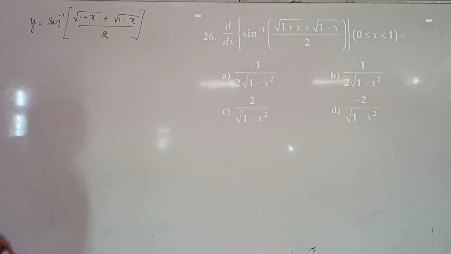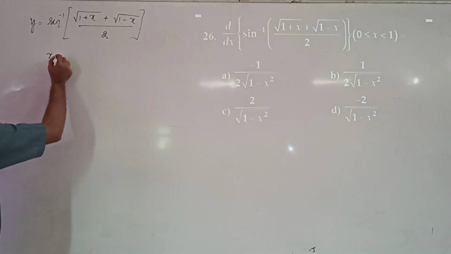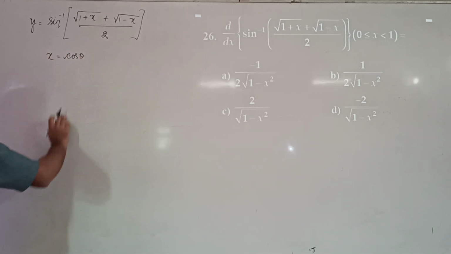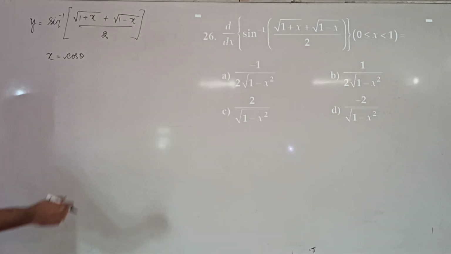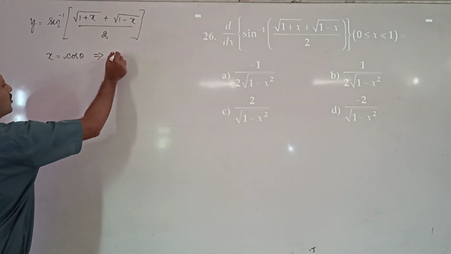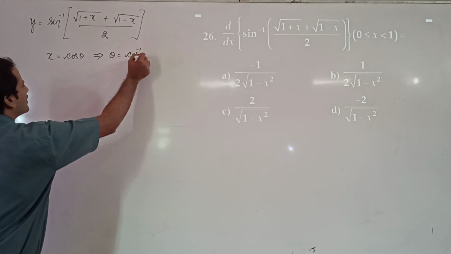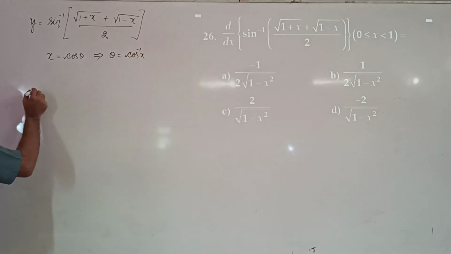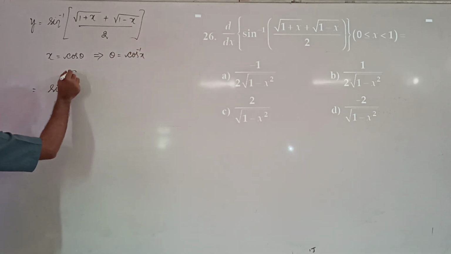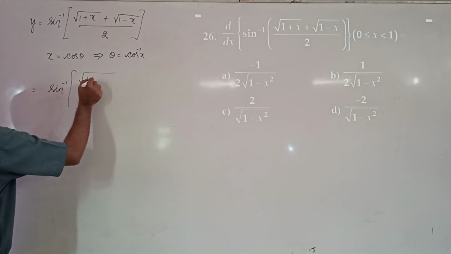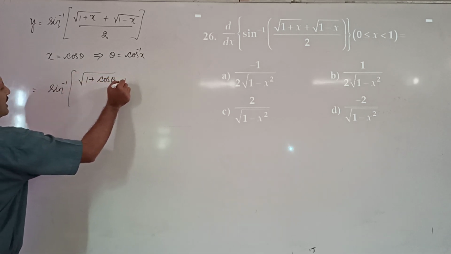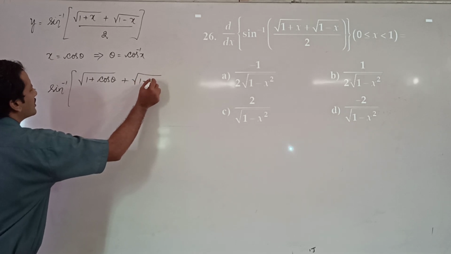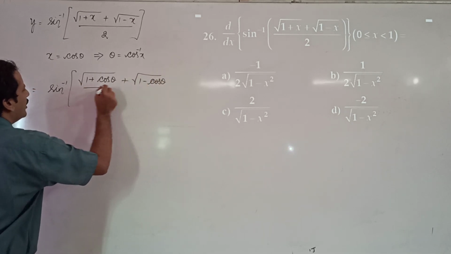Okay. So now I'll put x equal to cos theta. If I take x as cos theta, theta is equal to cos inverse x. Then this is equal to sine inverse of (root of 1 plus cos theta plus root of 1 minus cos theta) by 2.